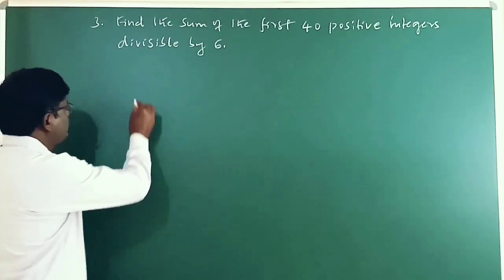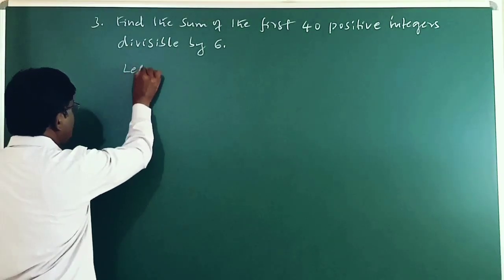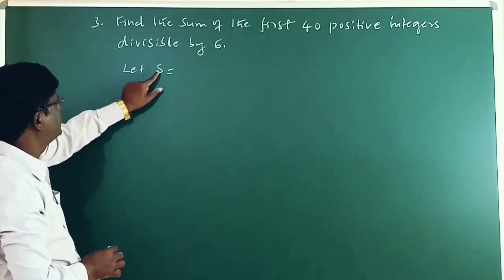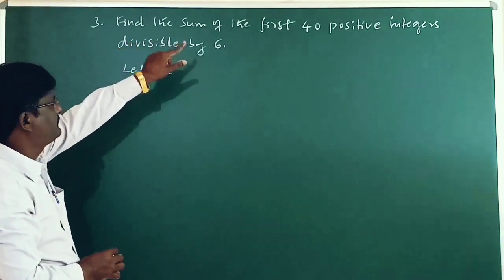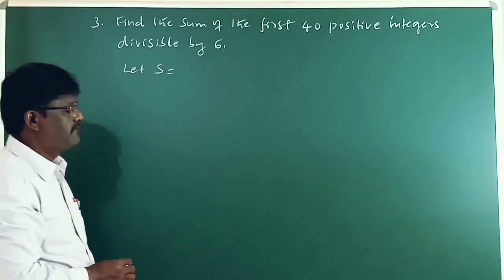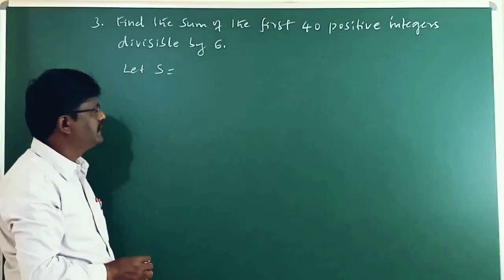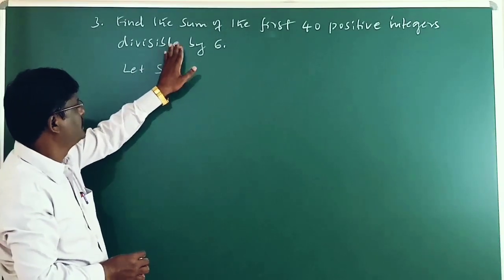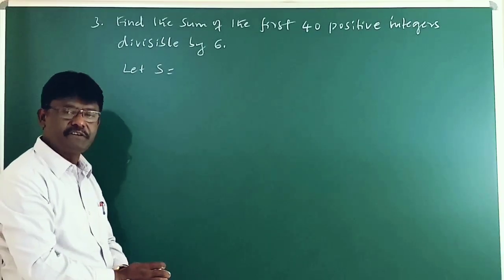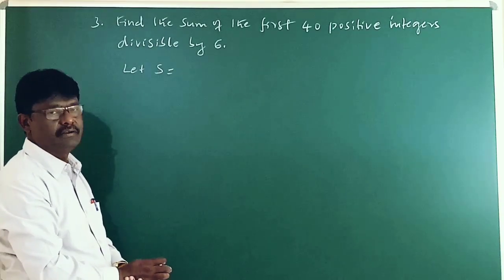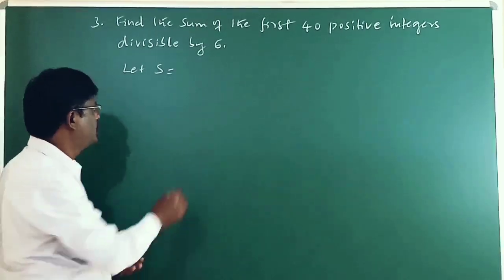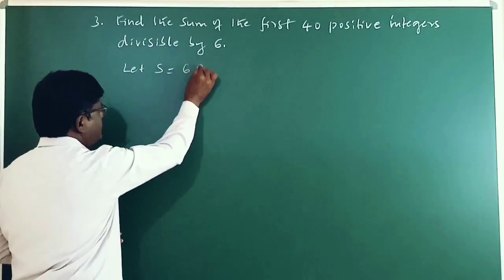So now therefore, let S equal to, according to the condition, the sum of the first 40 positive integers. What is the important condition? Divisible by 6. Therefore, which could be the first integer that should be divisible by 6? Simple common sense, it is nothing but 6.